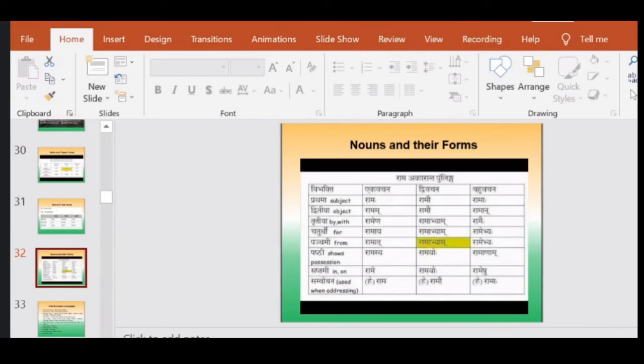Now, even the names of the people, all the nouns have 24 variations. These are called vibhakti. So there is ekvachan, that is singular, dvivachan, that is dual, and bahuvachan, that is plural. And then there are 8 vibhaktis depending on how we are introducing the person.